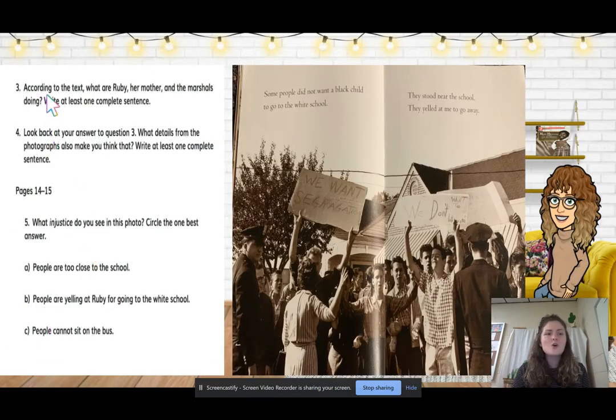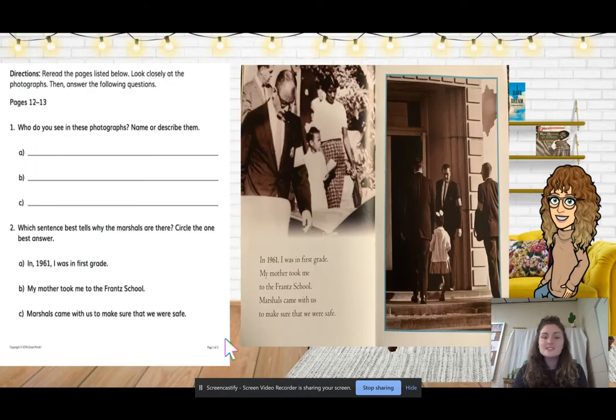Number 3, it says, according to the text, what are Ruby, her mother, and the marshals doing? Let's look at the text. In 1961, I was in the first grade. My mother took me to the France school. Marshals came with us to make sure that we were safe.